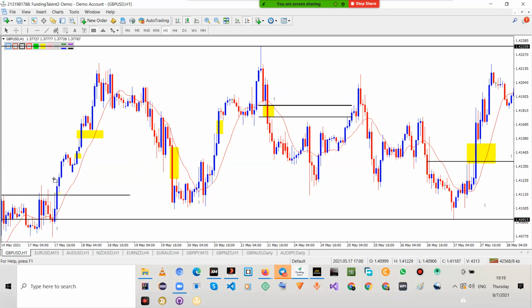So we know price is going to tremble down and fill up these gaps. Simply, we now know that we're going to be taking a trade to the upside.